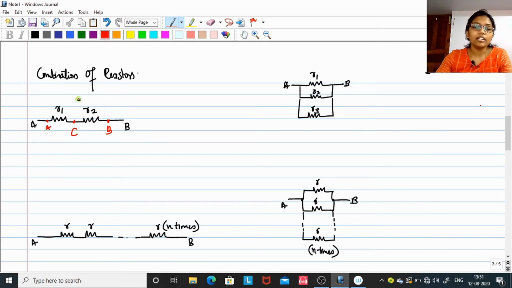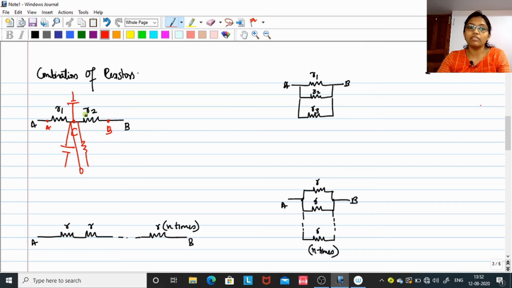Okay, and there are no branches coming out of this common point C. Like no battery is coming up, or no resistor is coming up, or no capacitor is coming up, or nothing is to be measured from this point. No voltmeter or ammeter is to be kept here. Then if that is the case, you can say that R1 and R2 are in series.